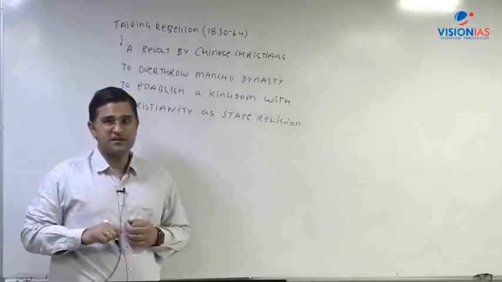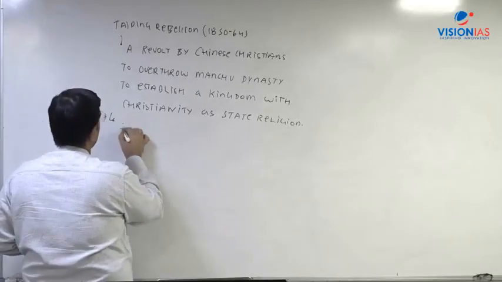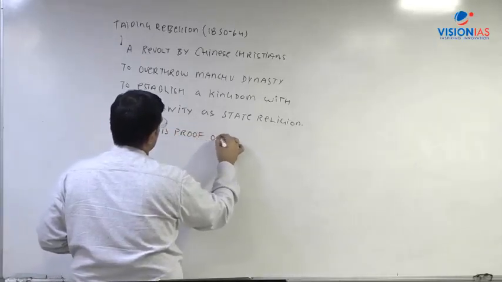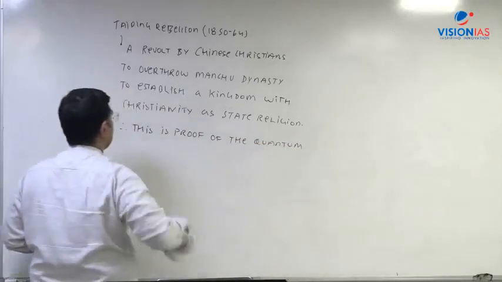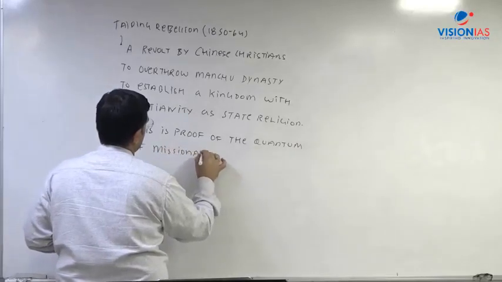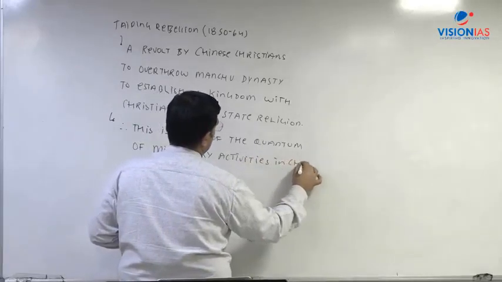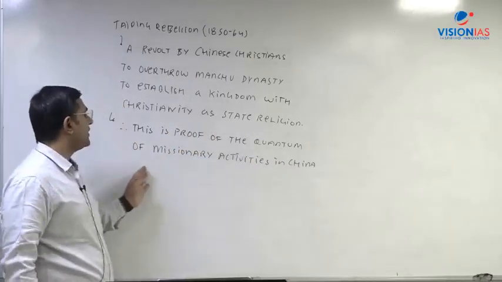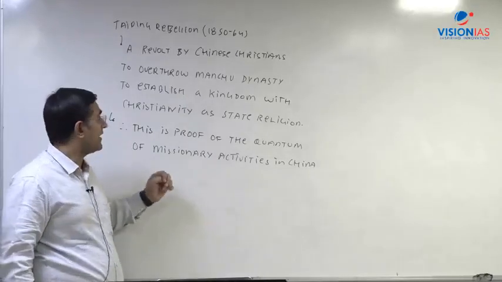So what does this tell us? This tells us how severe the missionary activity has been. So therefore, right? This is a proof of the quantum of missionary activities in China. Okay, this is how these things are going on.